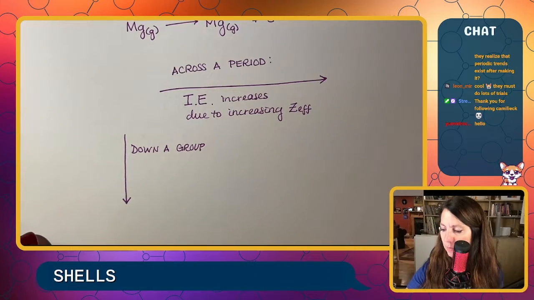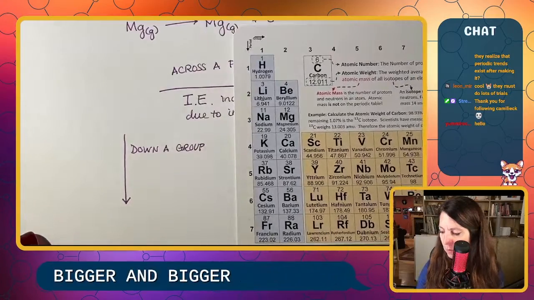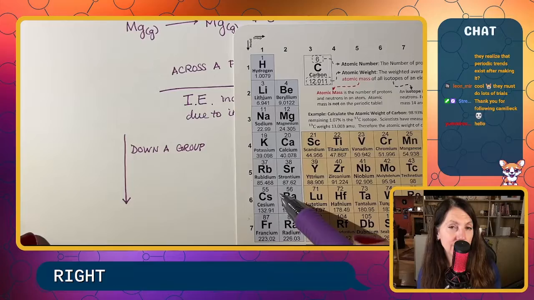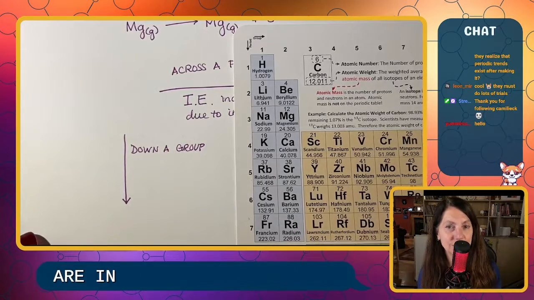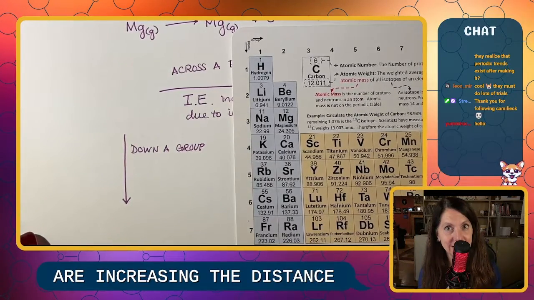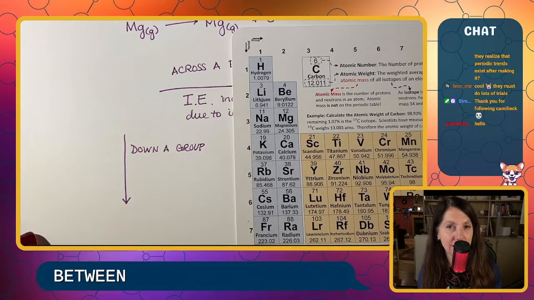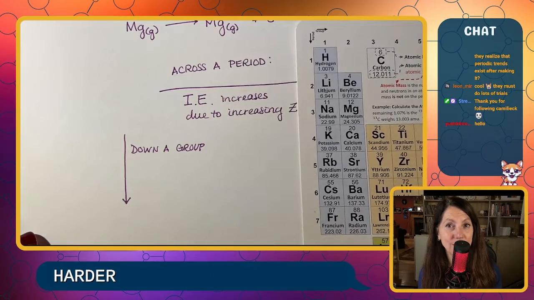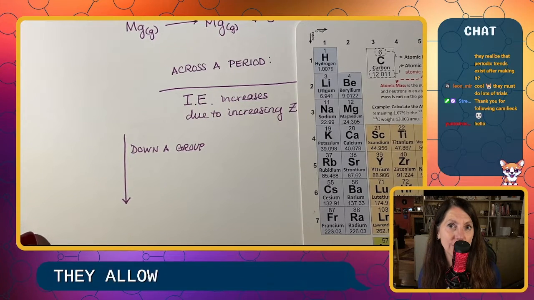Okay, these atoms get bigger and bigger as you go down, right? So in other words, we are increasing the distance between the electron and the nucleus. And it is a lot harder for a nucleus to hold on to an electron if the electron is already further away.